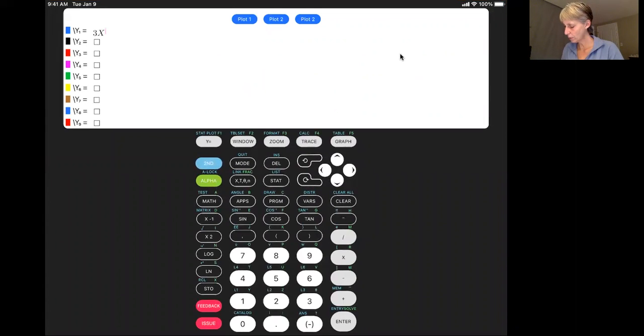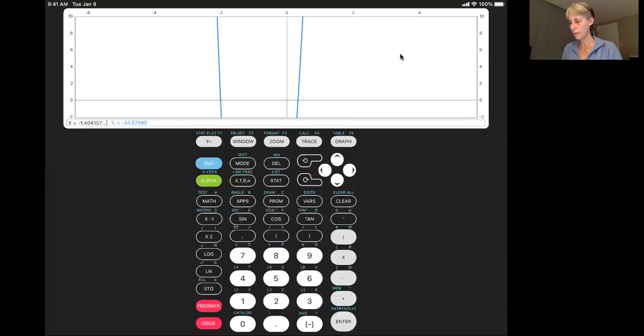3x raised to the 4th, cubed, plus 25x squared. And we're going to graph it. And I see I have one that's probably going to be a weird kind of fraction one.